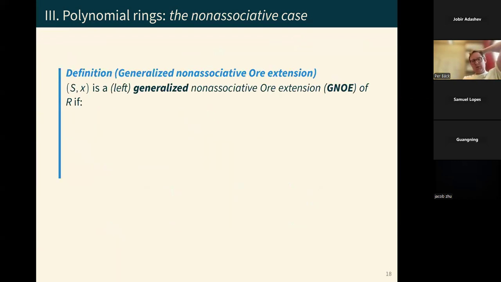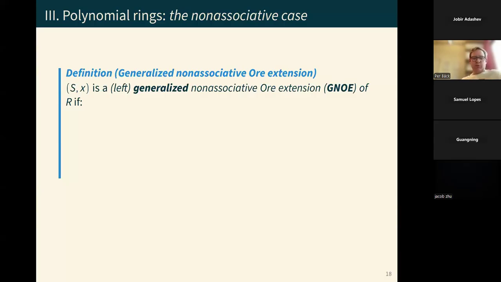Okay, now my very last part of the talk. So far we have constructed our non-associative Ore extensions and flipped non-associative Ore extensions from, I would say, top down. What if instead we tried to construct non-associative polynomial rings bottom down?